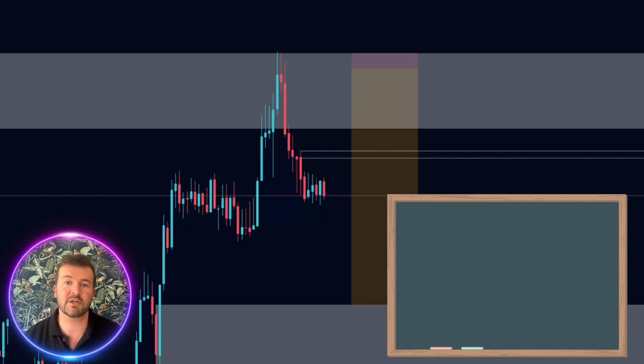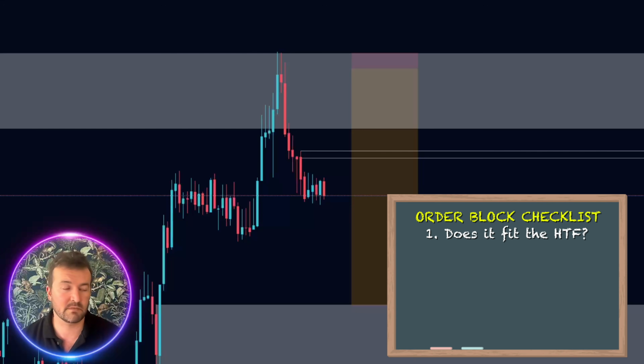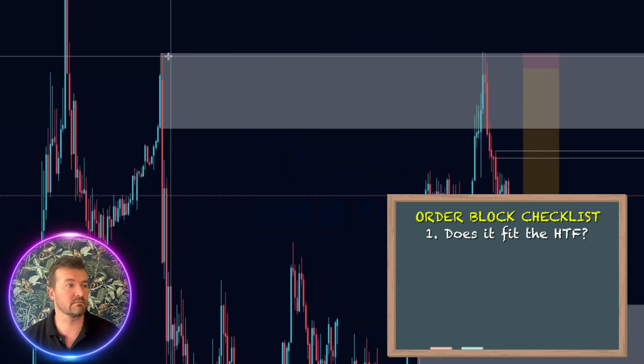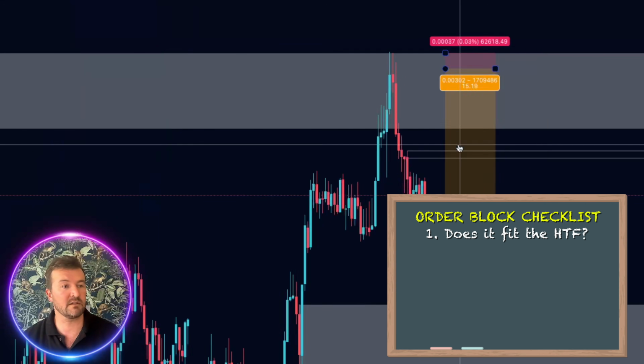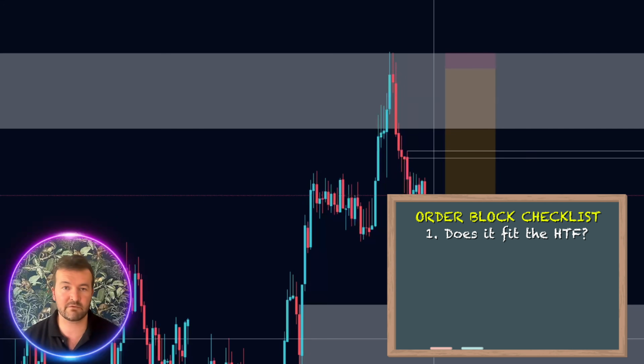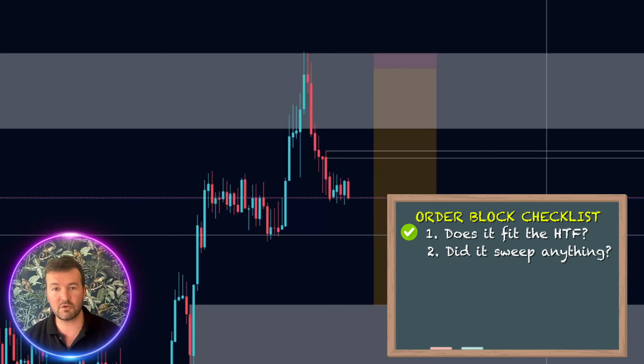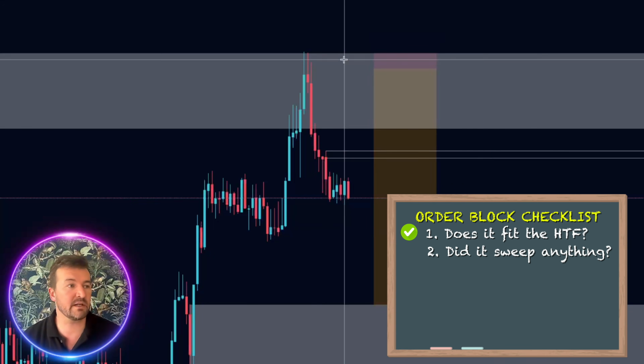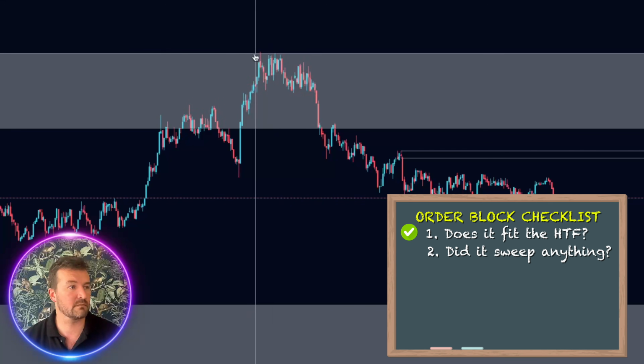So let's go back through the checklist. 1. Does it fit the higher time frame narrative? It's rejected the M15. It's going down towards another M15. Check. 2. Did the candle sweep something clean? Yeah, it swept the M15. We got it. Check. 3.